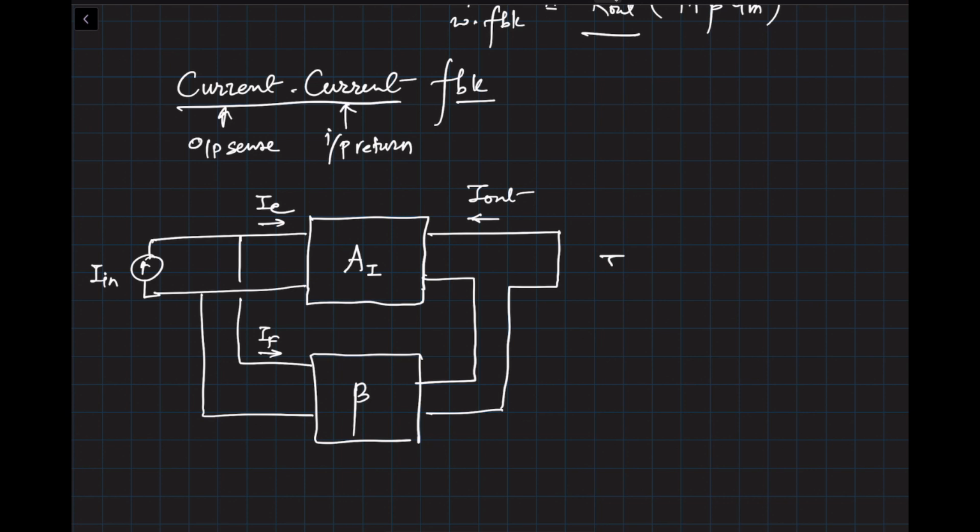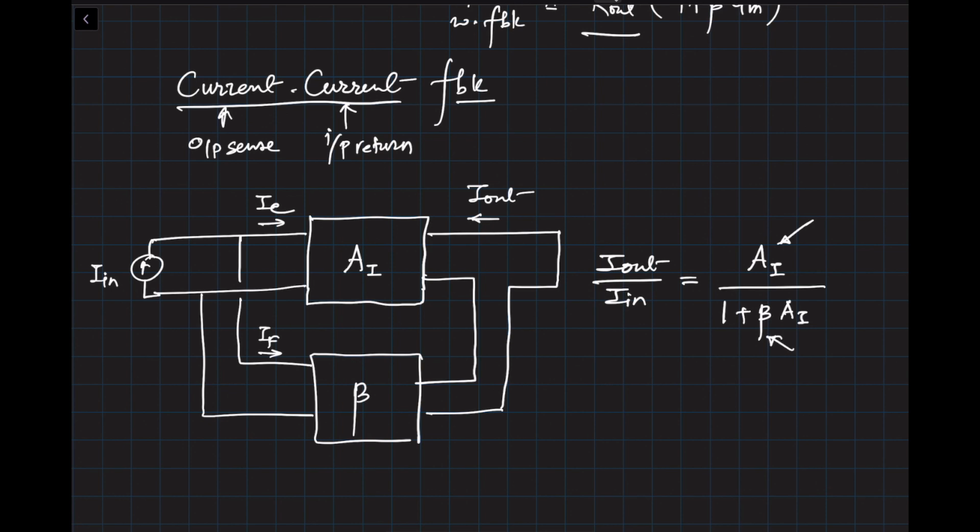So I out divided by I in, since this is a current amplifier, you will have some kind of AI factor, which is the current gain, and with feedback, this transfer function will modify to AI divided by 1 plus beta times AI. Again, AI is the current gain, so current divided by current, so it will be unitless.